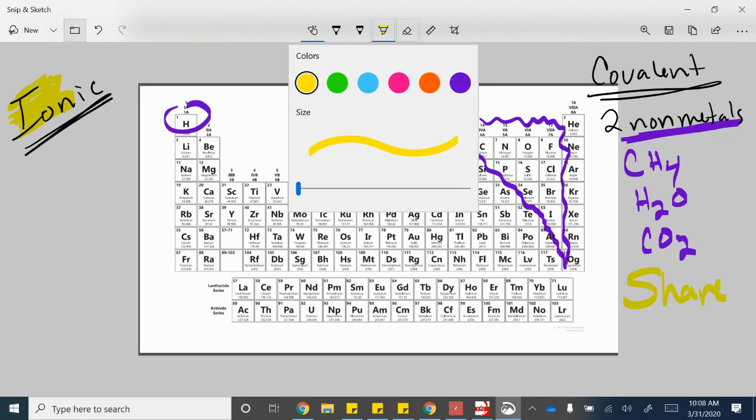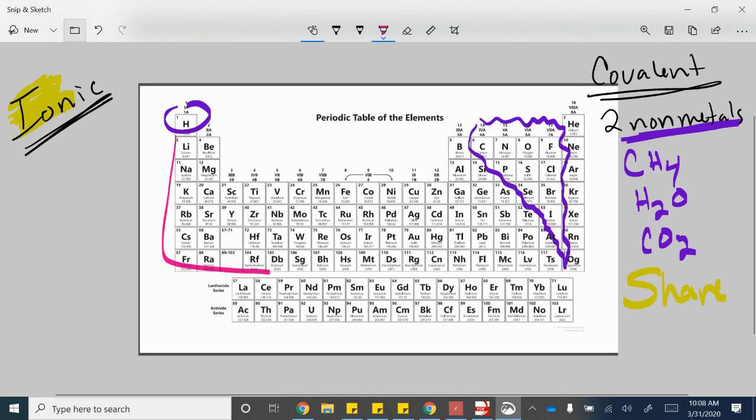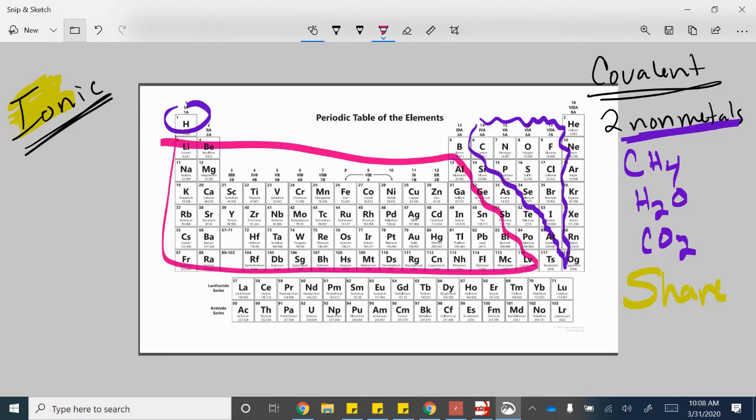So all of our metals, remember, will form a plus something charge, and our nonmetals, all of these guys over here, will form a negative charge.